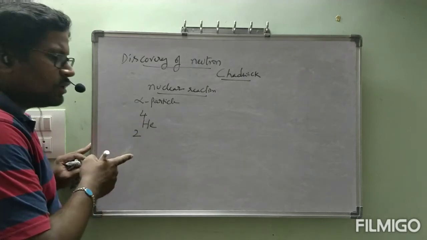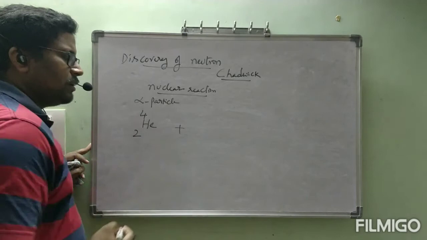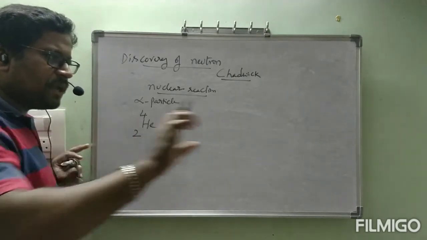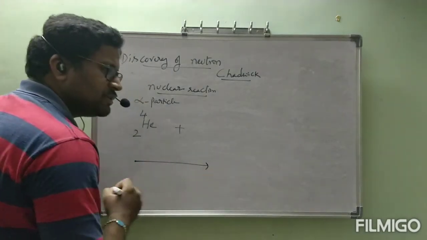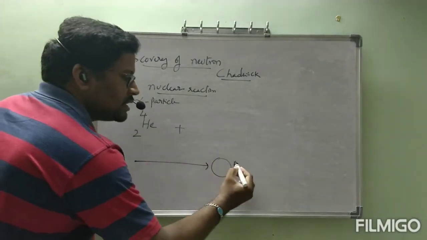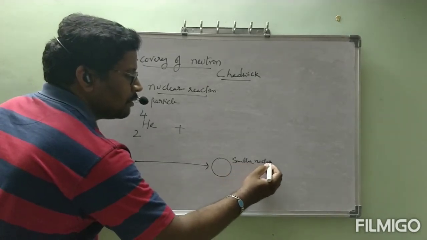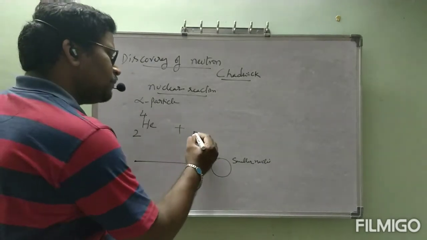Neutron was discovered in a nuclear reaction between alpha particle, high speed alpha particle. This is alpha particle, with very high velocity it is going to hit smaller nuclei, like beryllium.